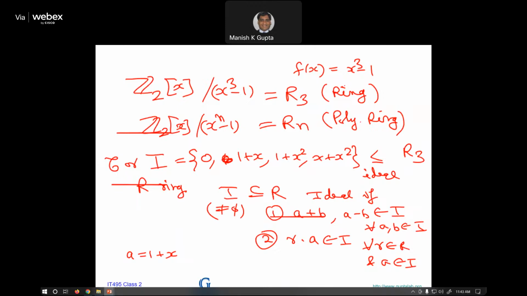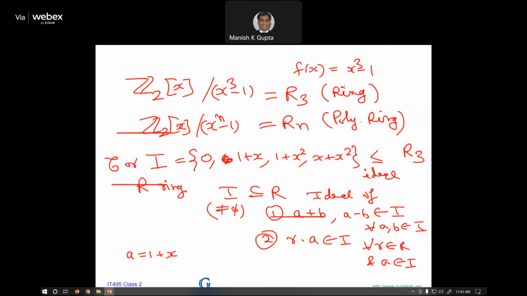So that ring that I have written, the 8 polynomials, is denoted by Z2[x] modulo x cube minus 1. x cube minus 1 means, because remember x cube minus 1 is equal to 0, x cube should be 1. Okay, so it is saying that whenever there is x cube, it should be 1.